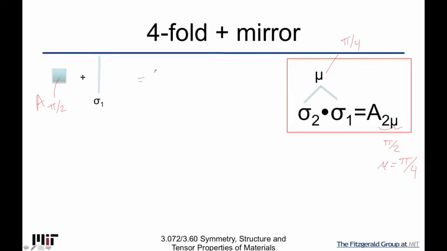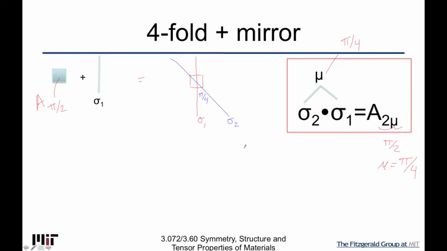So the addition of these two, even without the fourfold symmetry, creates, here's sigma 1, and then 45 degrees away, a unique plane, sigma 2. That's 45 degrees, pi over 4.